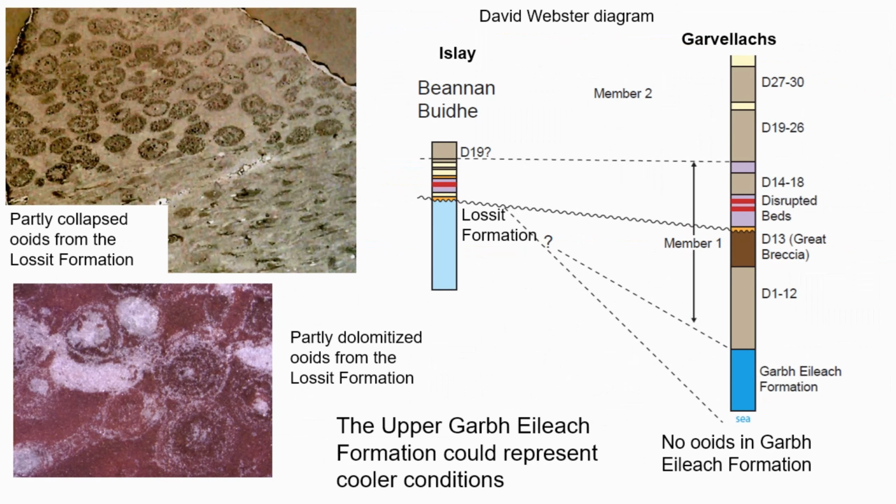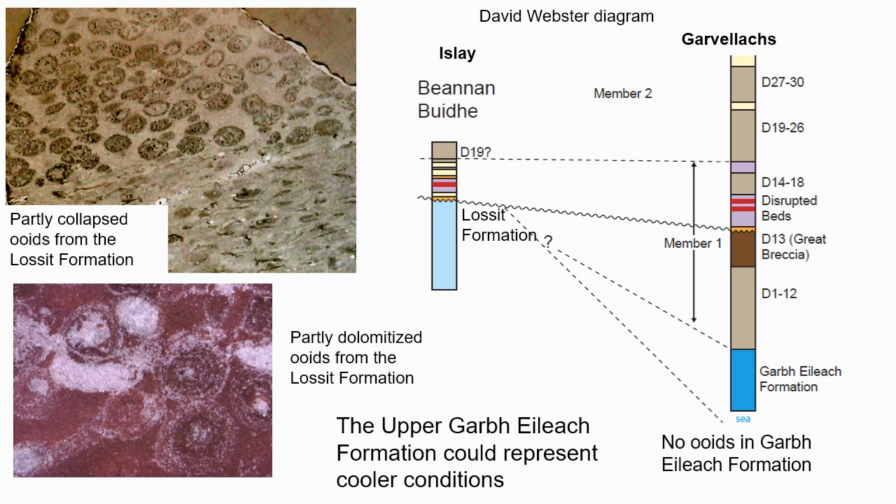Nevertheless, a plausible indicator of warm conditions are ooid shoal deposits because they reflect continuous active evaporation in agitated shallow water. Intriguingly, we find oolitic deposits at several levels in the Losset Formation, but not in the Garvellach Formation, which formed immediately before the Sturtian glaciation. That evidence is consistent with, although doesn't prove, the possibility that the Upper Garvellach Formation reflects cooler conditions as the glaciation is approached.